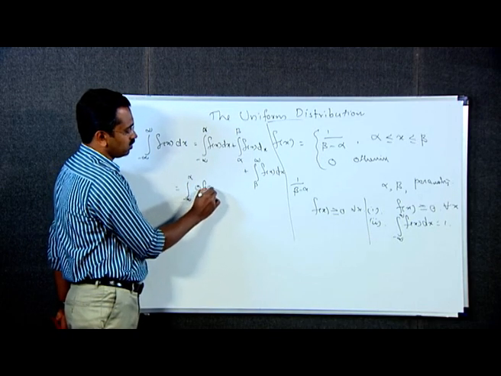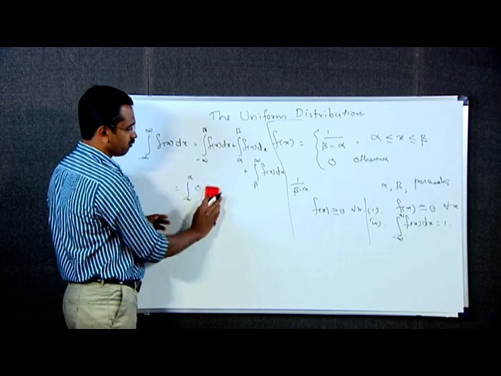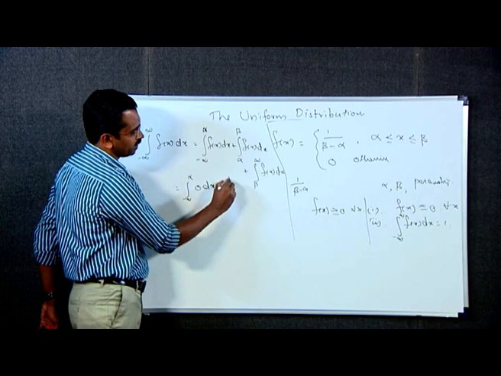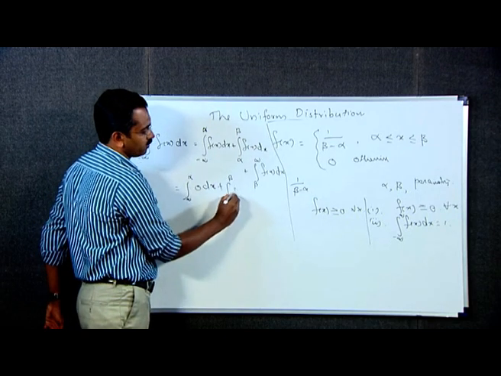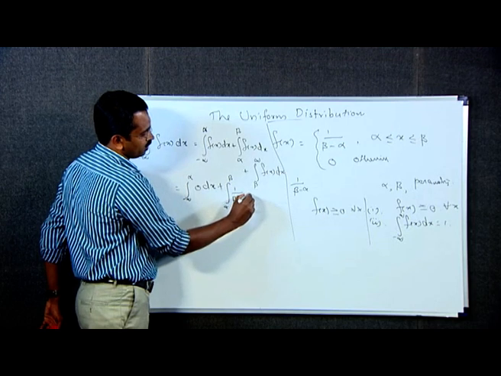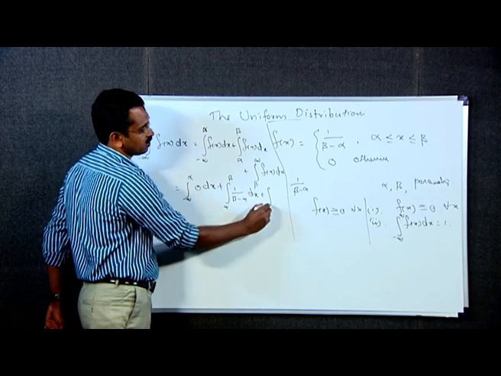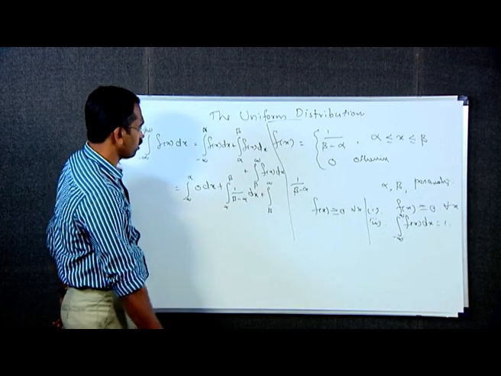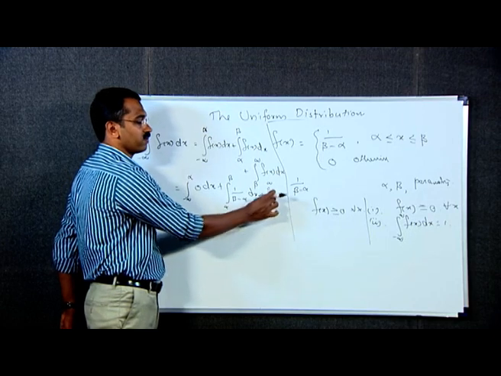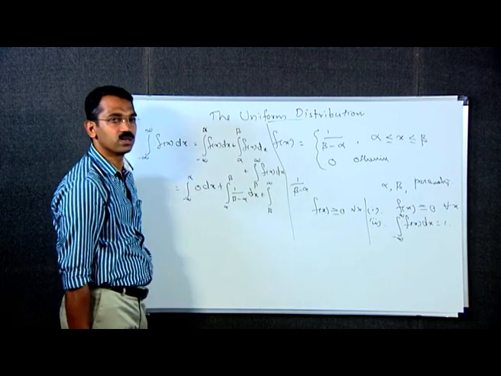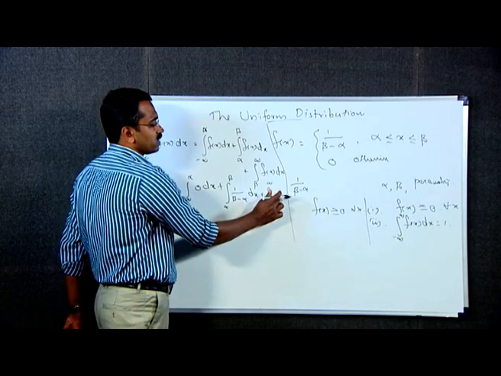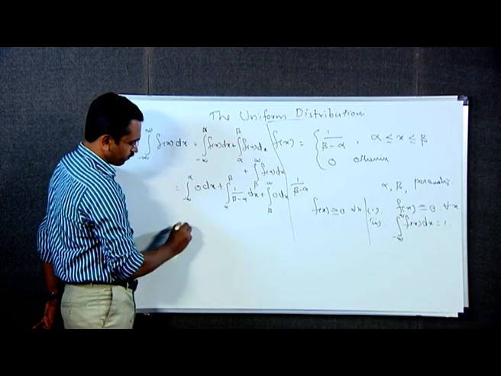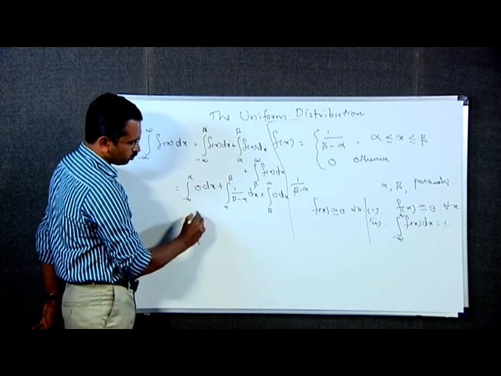Therefore, integral from minus infinity to alpha 0 dx plus integral from alpha to beta, here f of x is 1 by beta minus alpha dx, plus integral from beta to infinity, meaning the limit of integration is x greater than beta. In this case f of x is 0. Therefore this is equal to integral from alpha to beta.